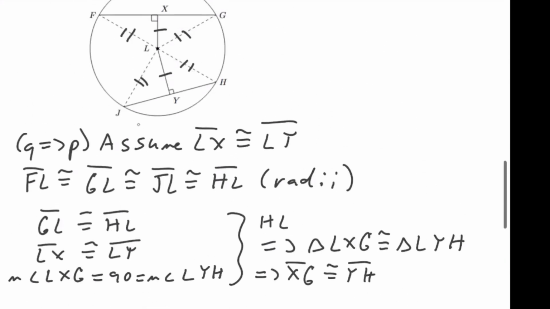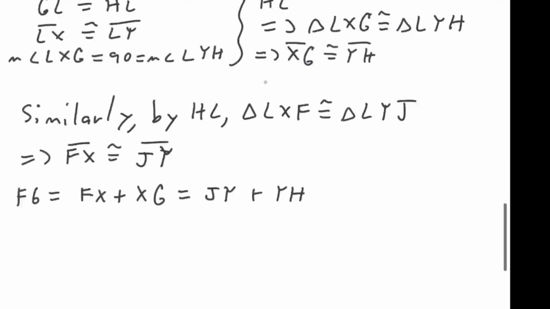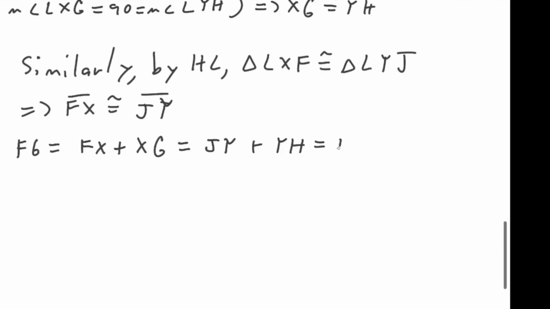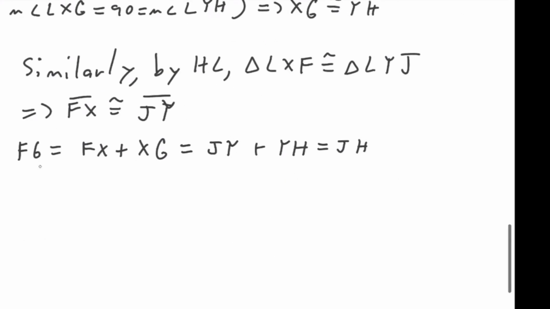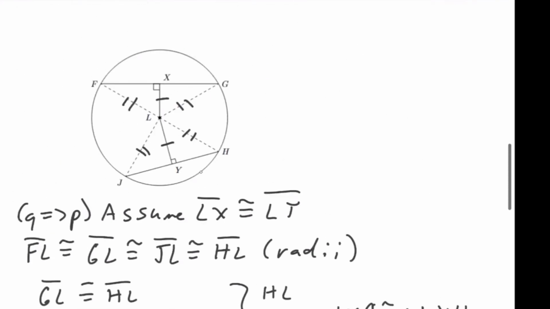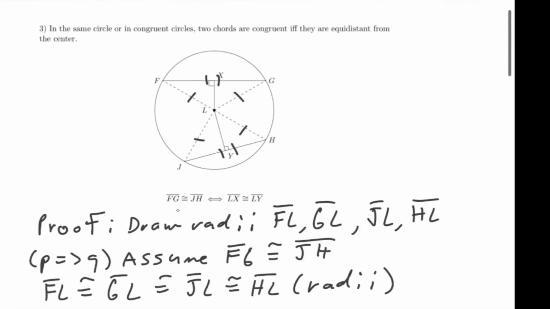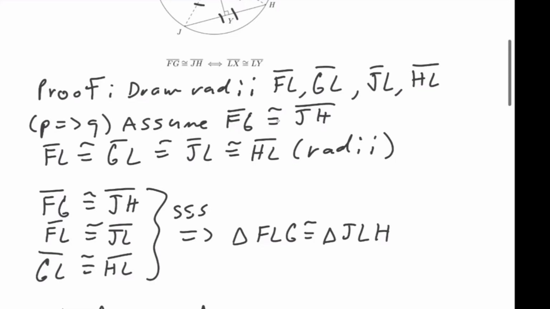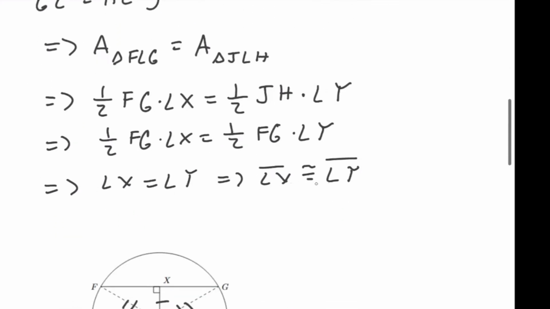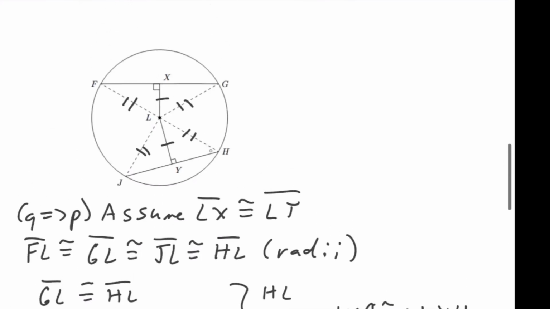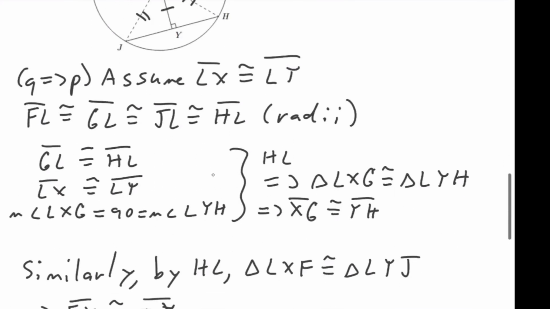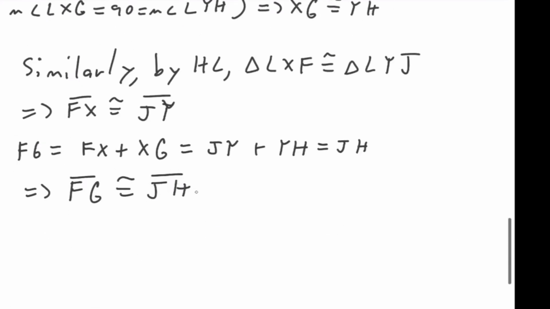And JY plus YH is JH, which of course implies FG is congruent to JH, which is what we set out to do. We wanted to show first that assuming FG is congruent to JH implies LX is congruent to LY, and then assuming LX is congruent to LY implies FG is congruent to JH.